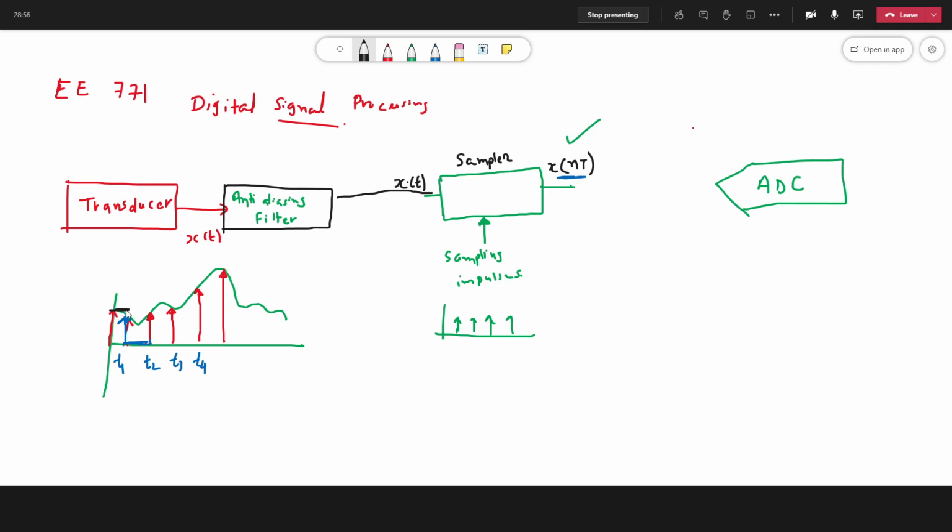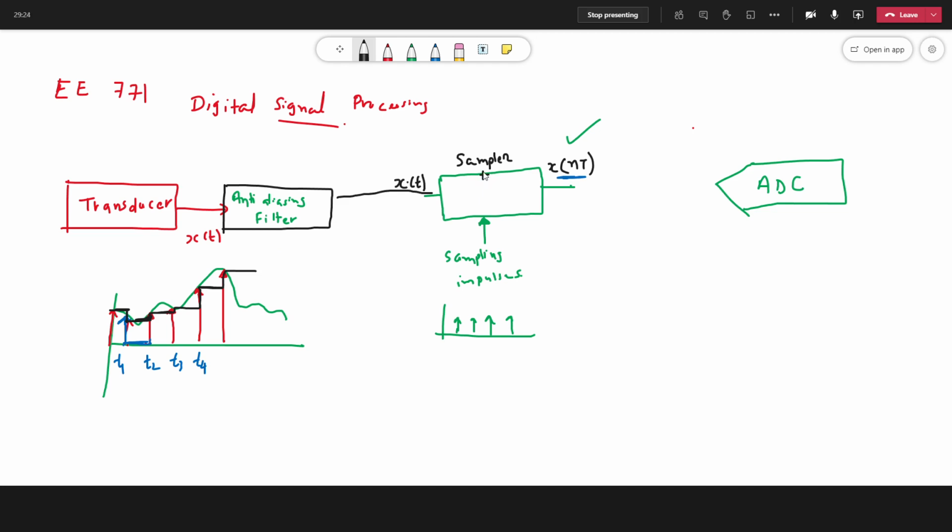If we do so, the signal will look something like this, right? So this is the kind of signal available with the holding circuitry, the sample as well as hold circuitry.